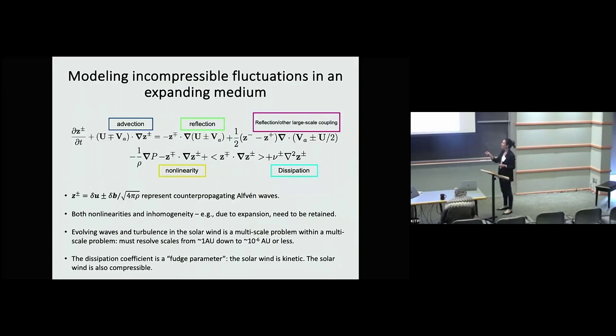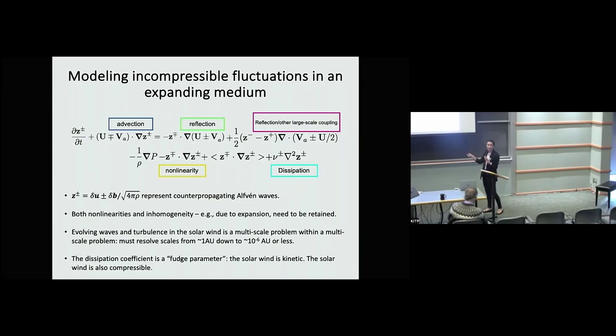Obviously, capital U and VA represent the flow speed and the Alfvén speed, and Z plus and Z minus are these Elsasser variables that represent counter-propagating Alfvénic modes. So you can see that if the flow is inhomogeneous, you have reflection terms here. Okay, so that you have a Z minus that's coupled to a Z plus and vice versa.